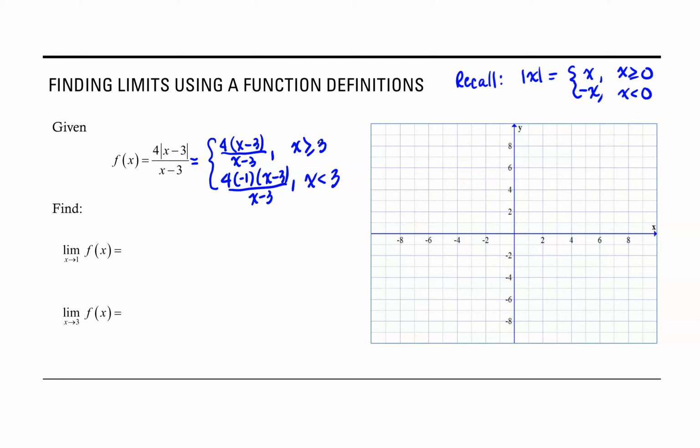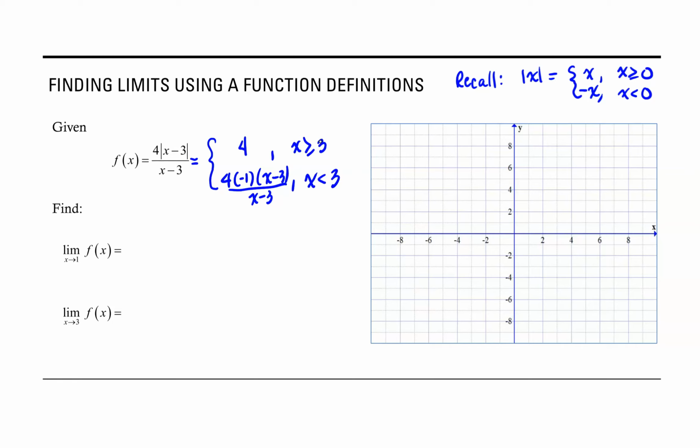Now let's look at how these two pieces of function behave. Notice that when x is greater than or equal to 3, we have an x minus 3 and an x minus 3 in the numerator and denominator as factors, so we can simplify that. So when x is greater than or equal to 3, this function definition simplifies to 4.